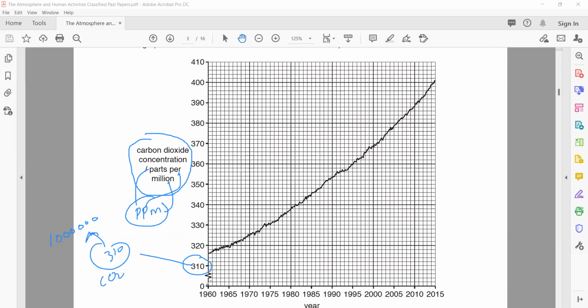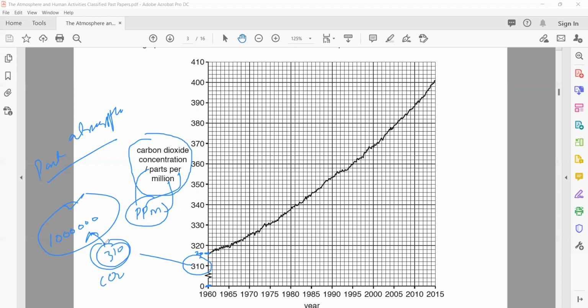So in 1960, let's say the concentration of carbon dioxide in the atmosphere was almost 315 parts per million. What does it mean? If you take 1 million particles of atmosphere, from that 1 million, 310 are carbon dioxide and the others are other things.